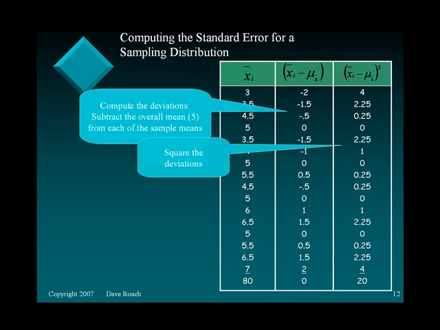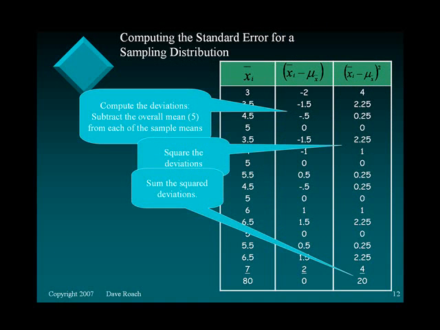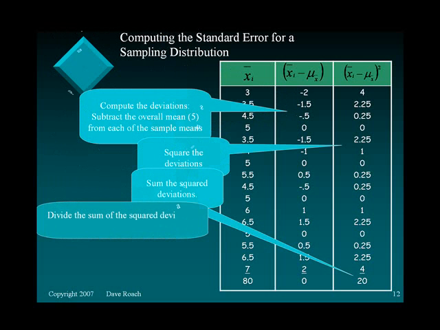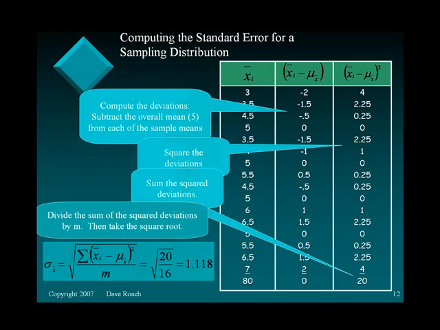Minus 2 squared is 4, minus 1.5 squared is 2.25, and so on. We're going to sum the squared deviations. Just add all those up, we get 20. Then we're going to divide the sum of squared deviations by m, the number of sample means. Then we're going to take the square root. And we end up with a standard error of 1.118.